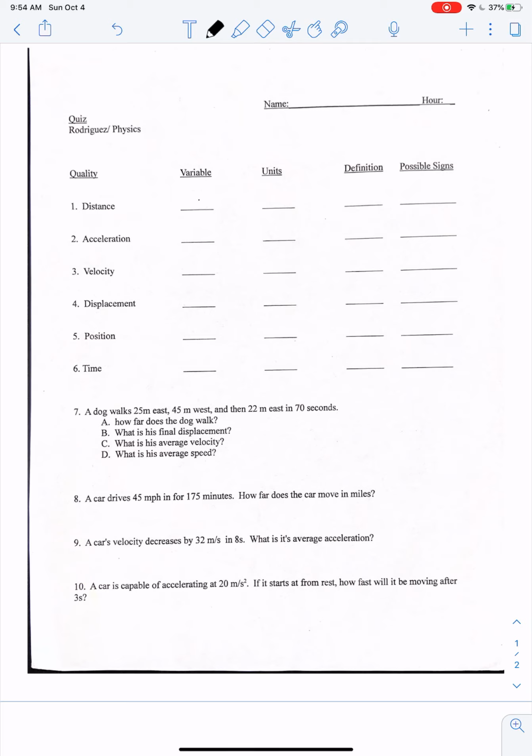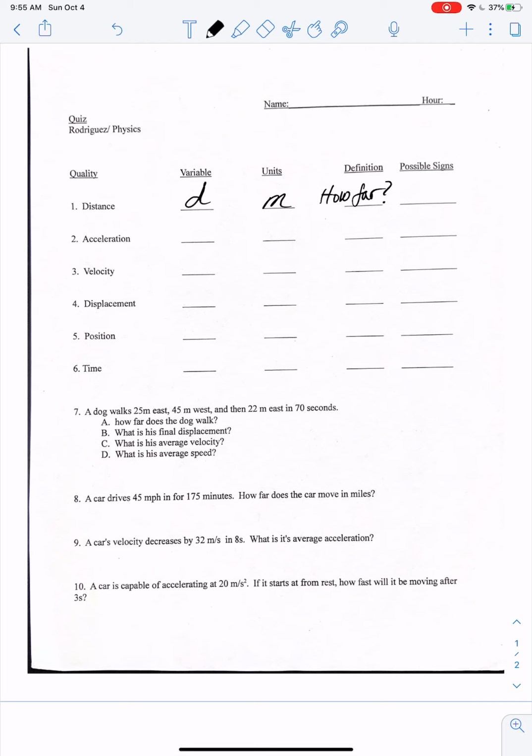Distance, the variable here, I like to use the letter D. Actually, I'm going to go just straight across here with distance. All right, units here are meters, so we'll use symbol M. A definition, I like to just say how far an object has moved, something along those lines.